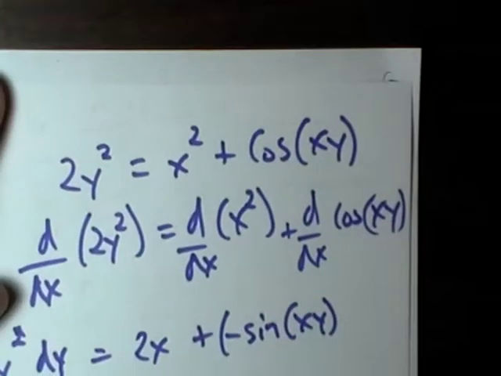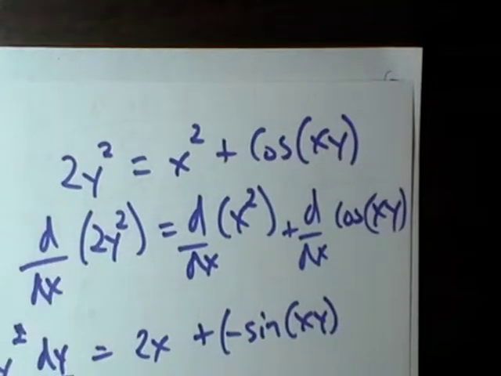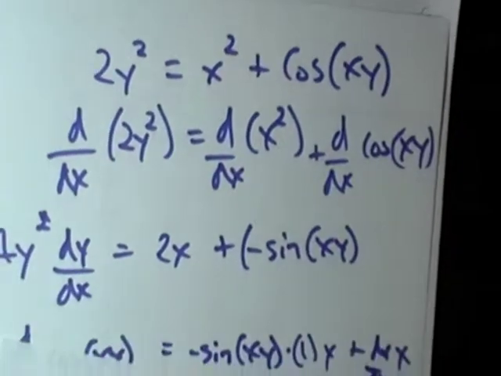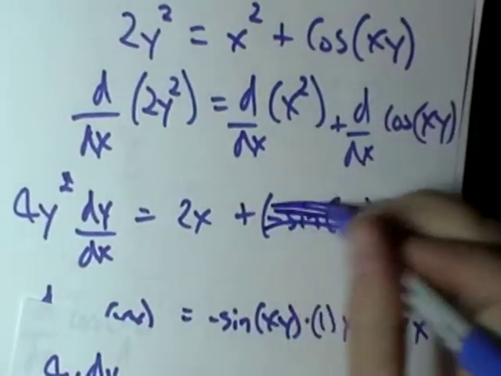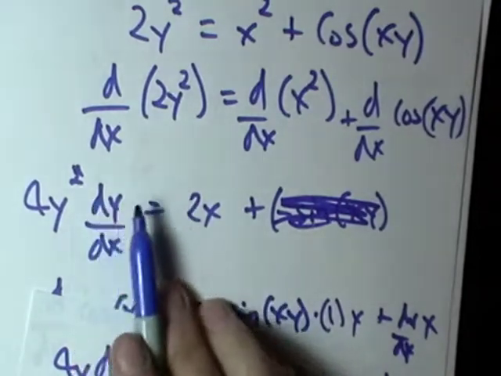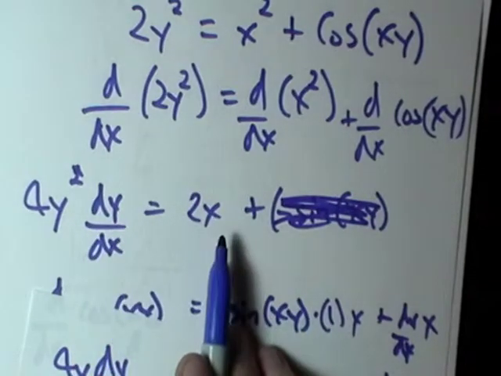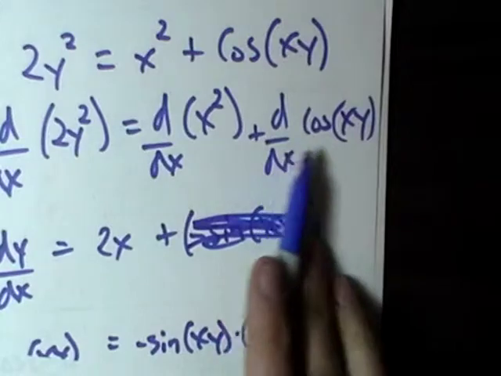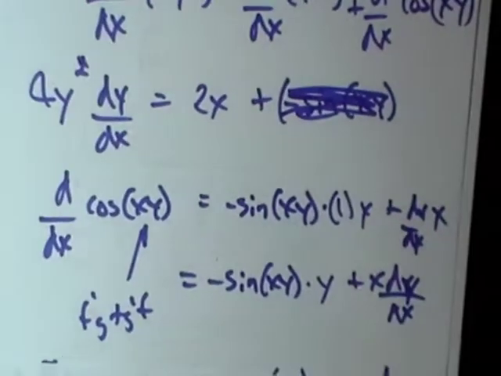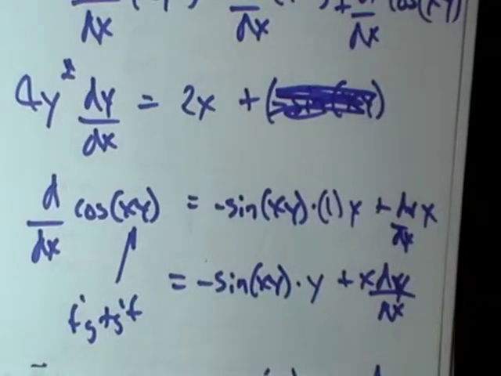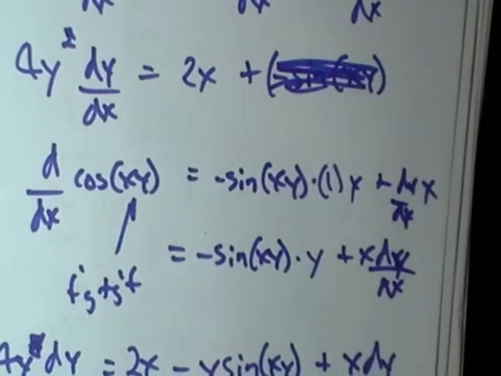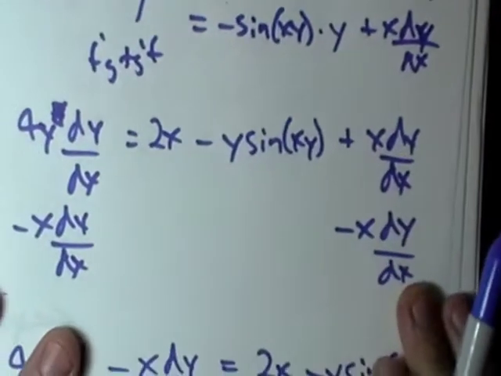So if we go back over it, we ended up here. We just took the derivative of each one. Bada bing, bada bing, bada boom. We ended up with 4y times dy dx equals 2x, and then this derivative ended up being pretty long, so we did it in one sitting basically, and then we plugged it in, and then we ended up with this guy.